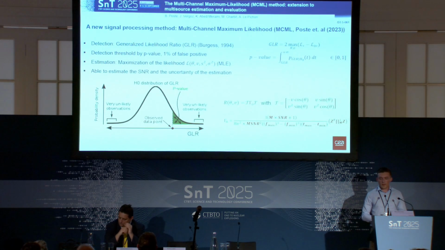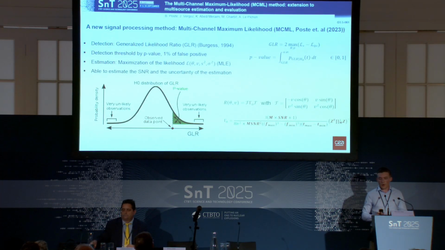That's why we developed a new signal processing method, the multi-channel maximum likelihood, based mainly on likelihood methods. For the detection, we are based on the generalized likelihood ratio, the GLR, and this GLR has a p-value detection threshold.